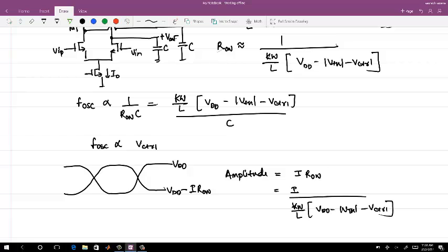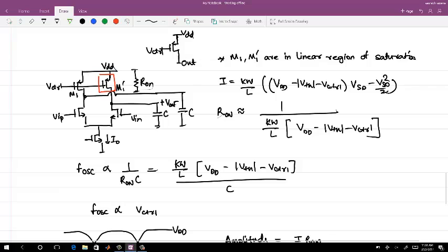Why do you think a delay? When you're calculating the delay, where are you calculating the delay from? If this becomes a current source, let me say, no. When I am saying this is in saturation, I am saying it is in saturation all the time.